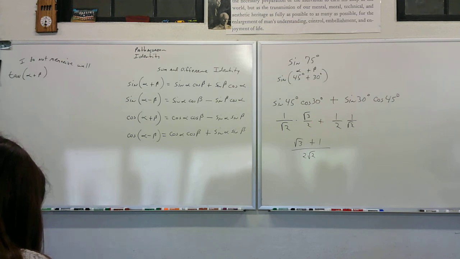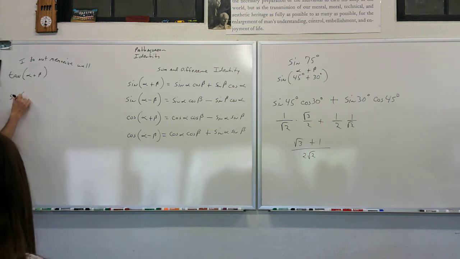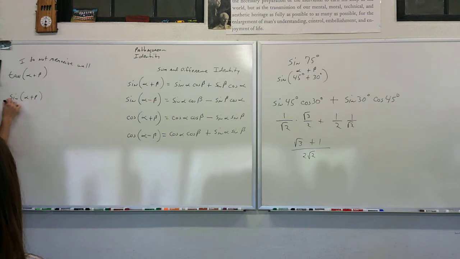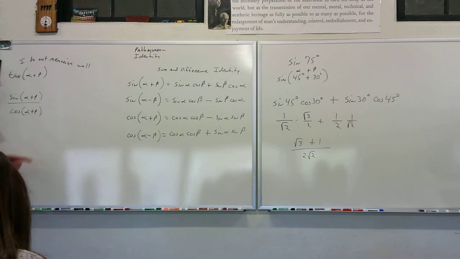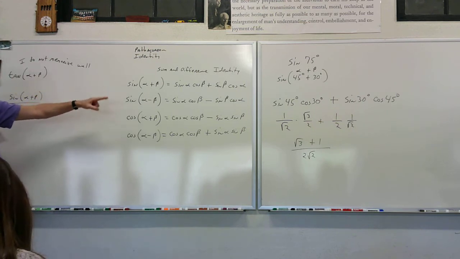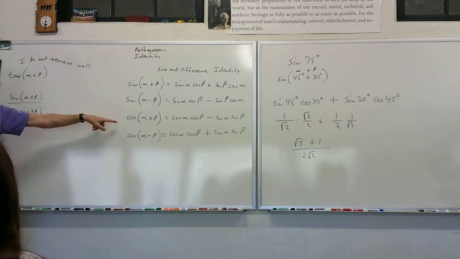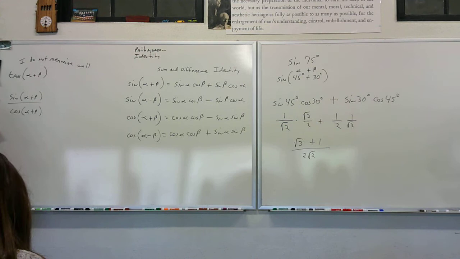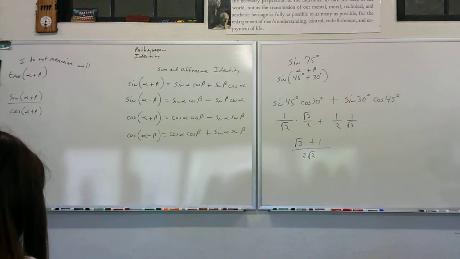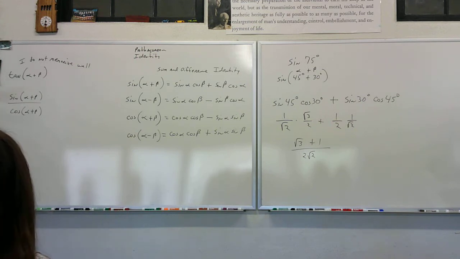What I do is I just do sine alpha plus beta over cosine alpha plus beta. And then I just do what? Use that rule over what? That rule. Is that okay? And that's how I would do it, because I didn't memorize the rules. But there's a better way, because there's a short rule if you memorize. But if you can't memorize them, just remember, as long as you know those four, you can do anything else.